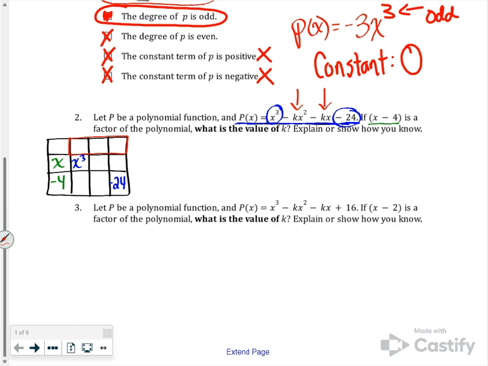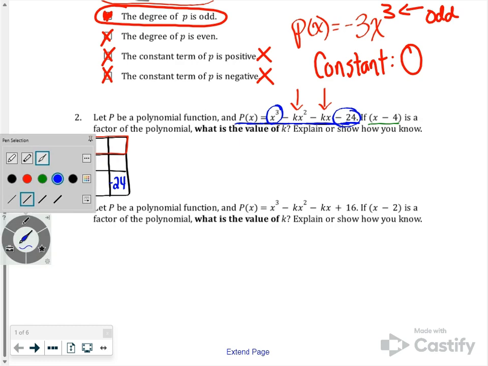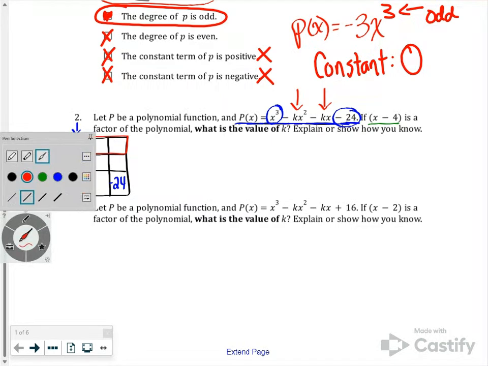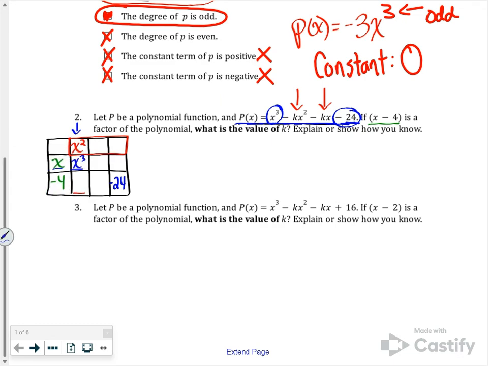So when we look at this, we're going to start by going down this box, and we need to imagine x times something gave us x cubed, and the correct term we're looking for there is x squared. So if we know x squared, we can fill this box in now, because x squared times negative 4 is negative 4x squared.